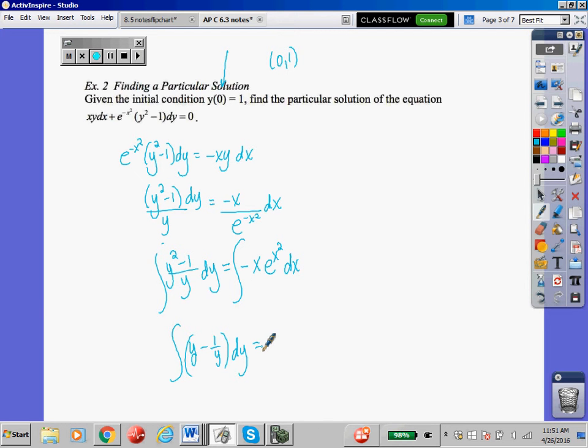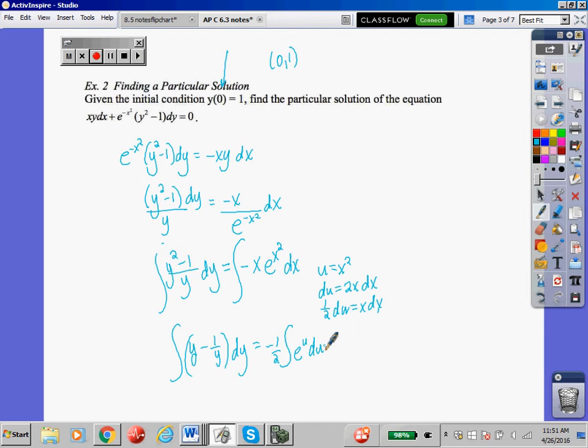On the right side, if I let u be x squared, du is 2x dx. Well, I have the x dx, but I don't have the 2, so I'm going to divide out the 2. And on the right side, I'm going to pull the negative out, and I have the integral of e to the u du.